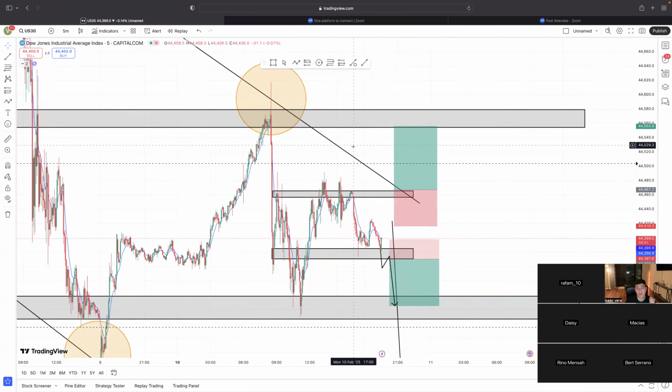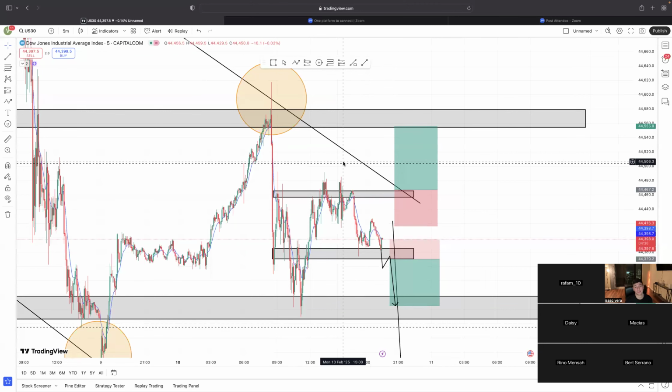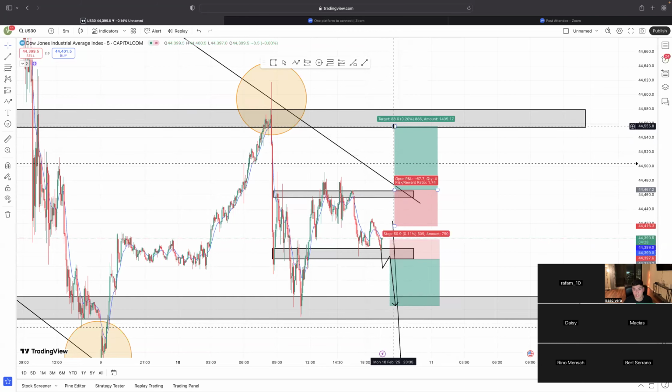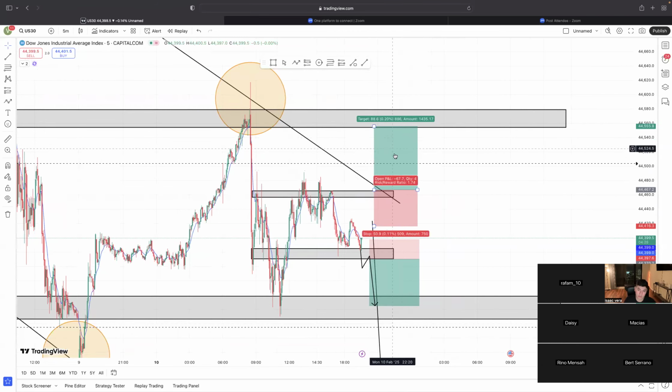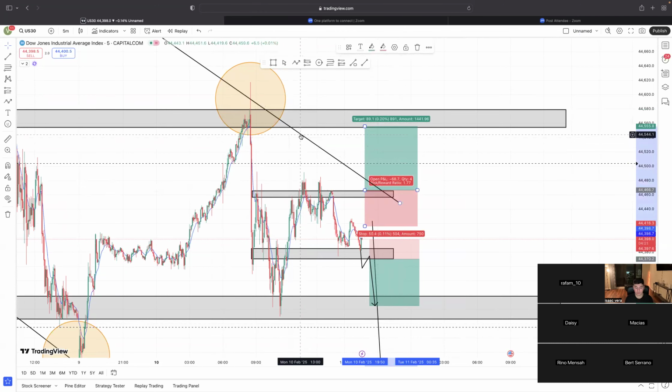Now, you guys understand why I always mark the resistance on the 15-minute time frame, and then I also do it one more time on the 5-minute time frame, because that's where my targets are. That's how I know where the price might stop or where it might hit and reverse. So I would target my previous highs or the resistance and support formed on the 15 minutes.